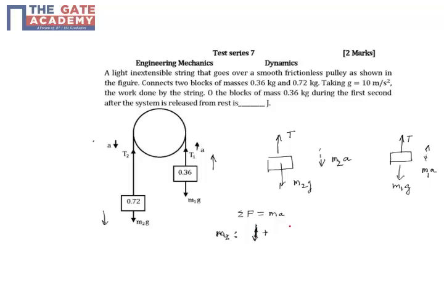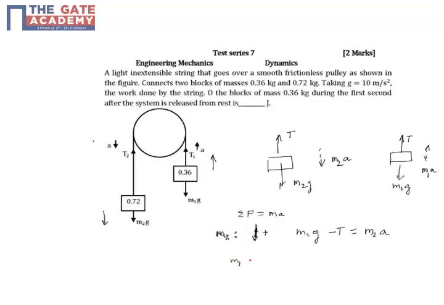So it's always better to take all the forces in the acceleration direction. So M2G is positive because it's downward, T is upward, and is equal to M2A. So the gravitational force minus tension is the unbalanced force that provides M2A.